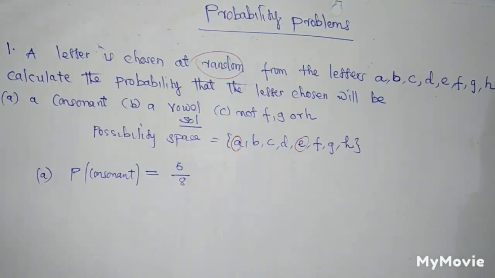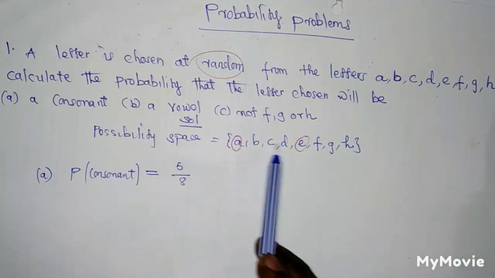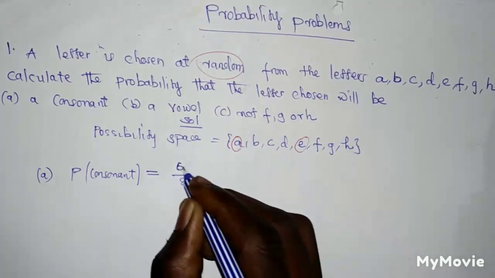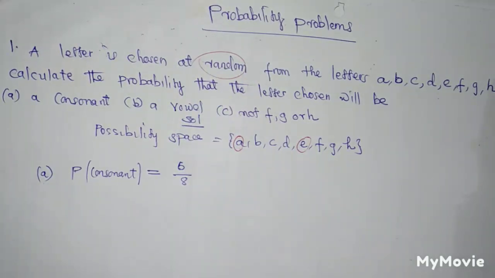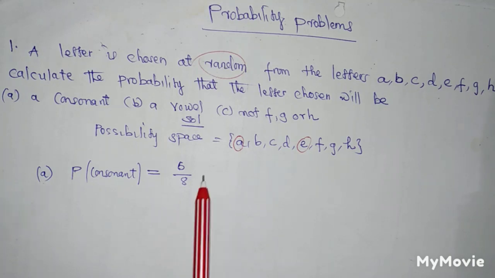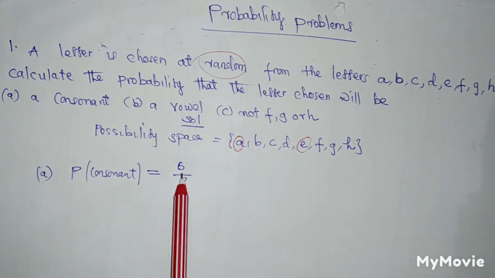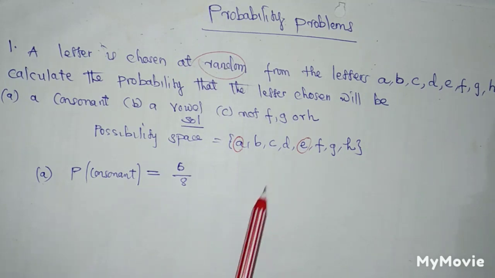Okay, so we can see here 1, 2, 3, 4, 5, 6. I mean, we have 6 chances of getting a consonant. Out of our 8 outcomes, we have 6 possible outcomes of getting a consonant.